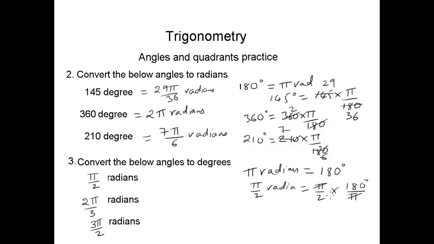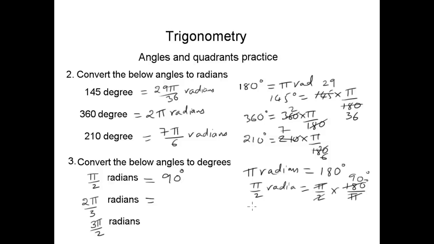So pi cancels off. 180 over 2 is 90 degrees, right? 2 nines are 18, 90 degrees. So pi by 2 radians is equal to 90 degrees. That's pretty much clear, right? Because pi radians is 180 degrees, so pi over 2 radians would be 180 over 2, which is 90 degrees.